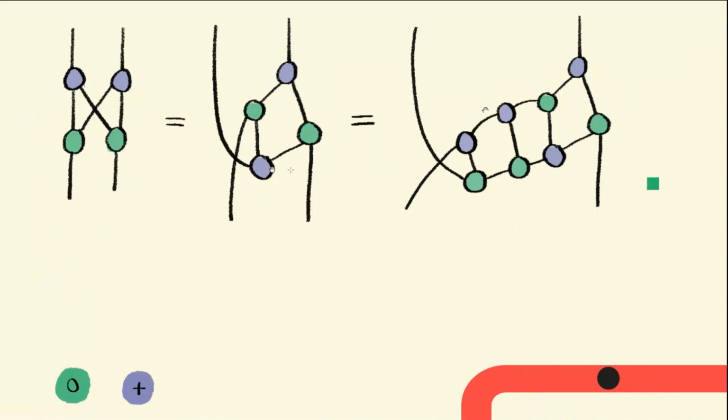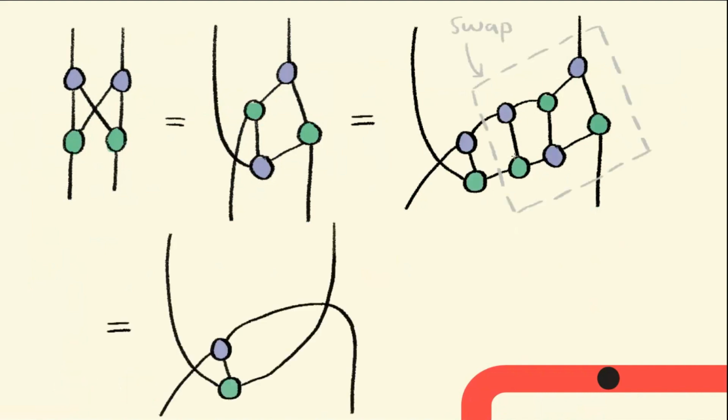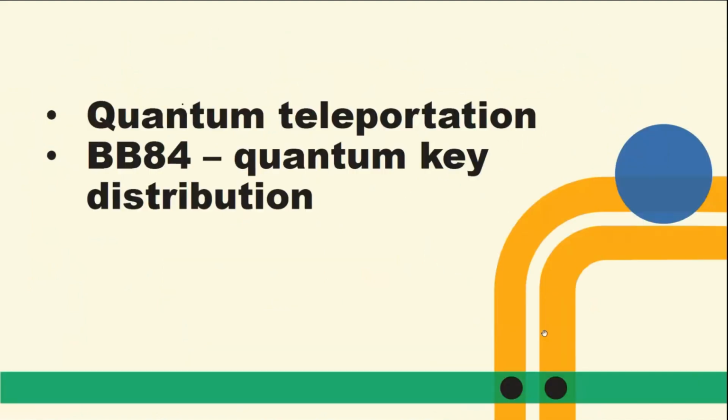And then you can add some spiders to make things easier, so you can identify a swap, or you can use the rule that I just explained where you fuse these 2 and change their color, and fuse these 2 and change their color. And you can convince yourself that what we finally end up with is something like this, which we can redraw into a nice simplified diagram like this. So we turn something seemingly very complicated into something that's actually quite simple.